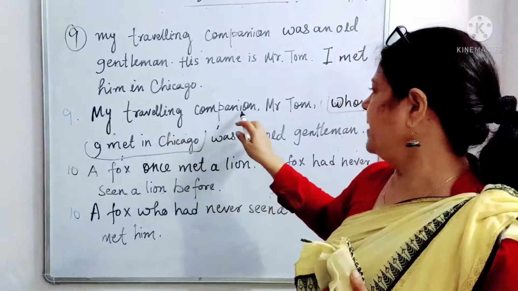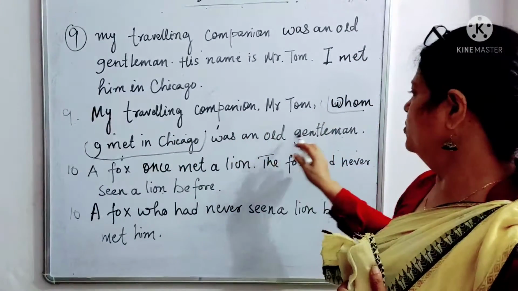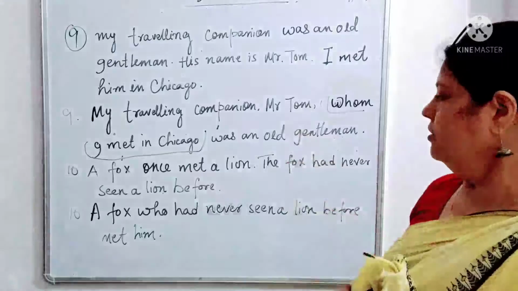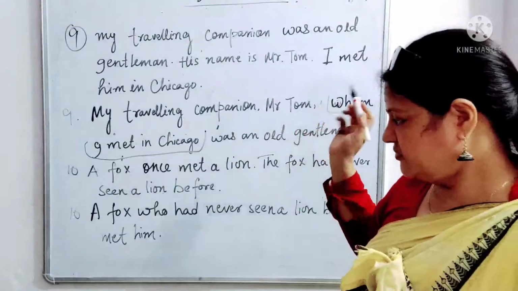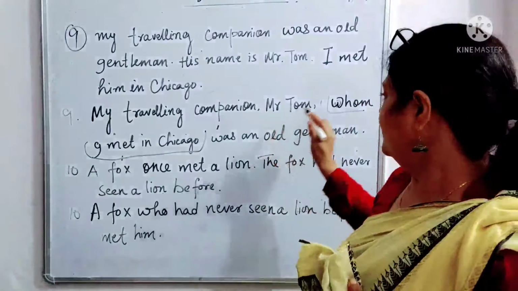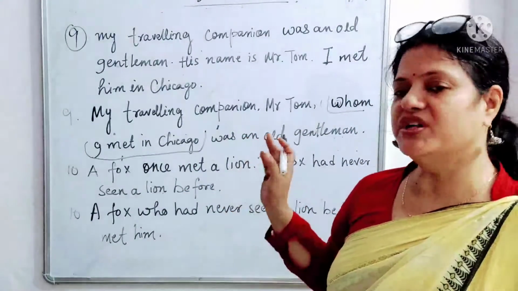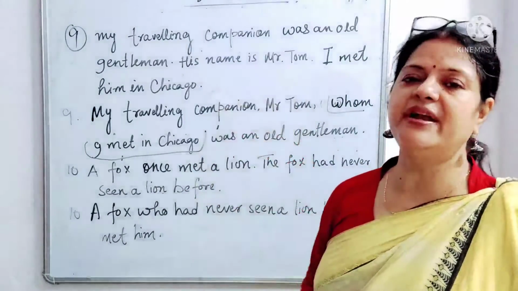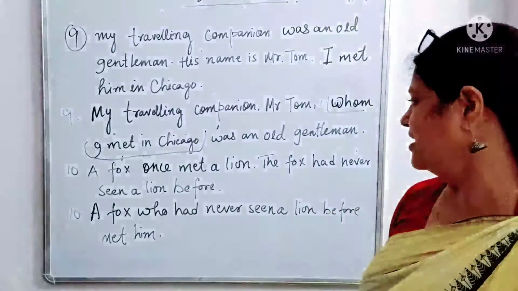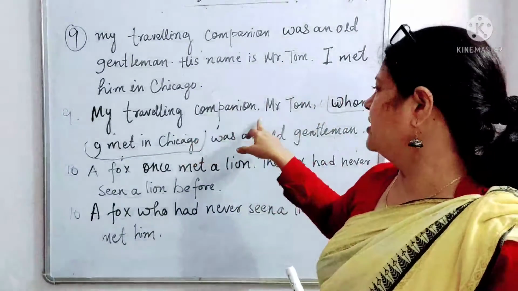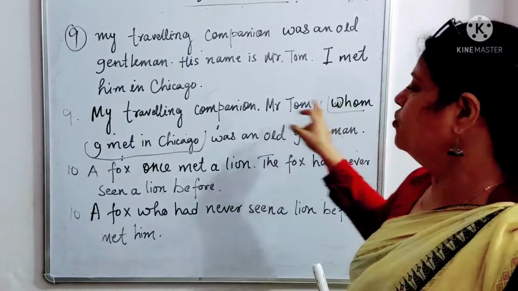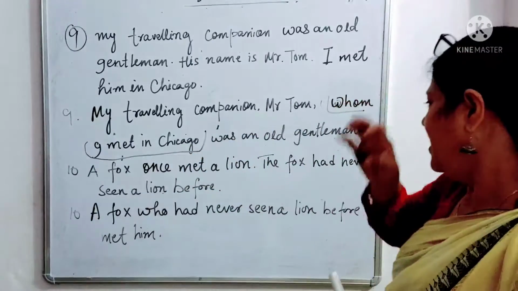My traveling companion Mr. Tom was an old gentleman, this is the principal clause, and whom I met in Chicago, this is the subordinating adjective clause which is totally depending on the principal clause for its meaning. So my traveling companion Mr. Tom, whom I met in Chicago.